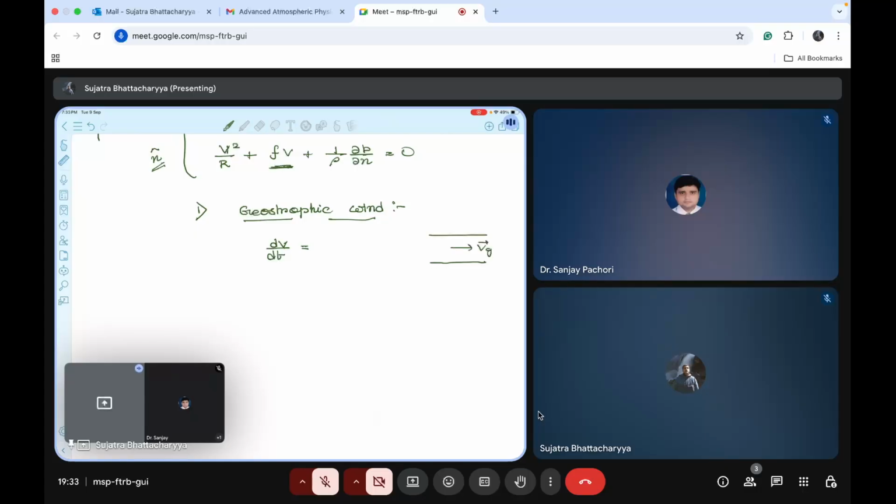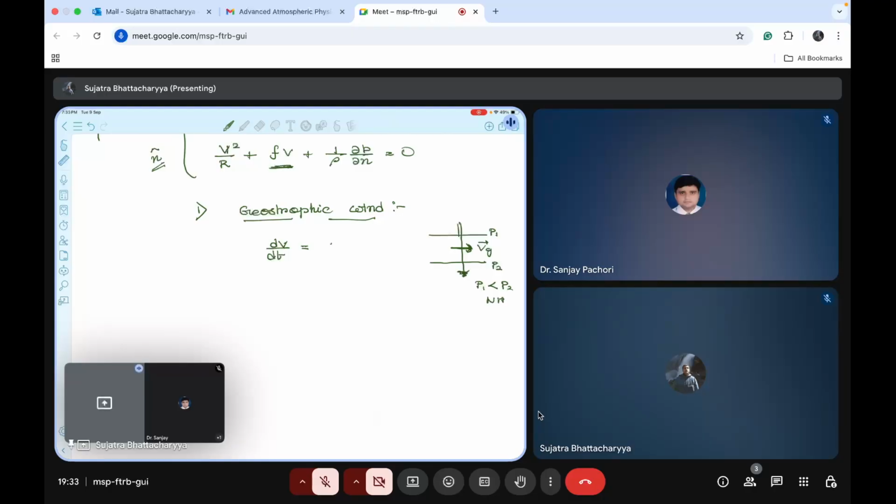Suppose this is your Vg, it is P1 and P2, and P1 is less than P2, northern hemisphere. Is there any pressure gradient in the direction of the wind? No. It is perpendicular, right? Grad P is perpendicular to the direction of the wind.